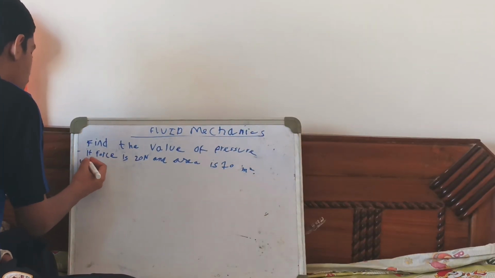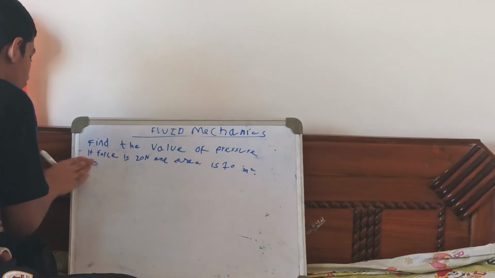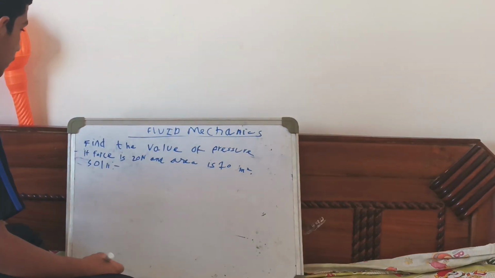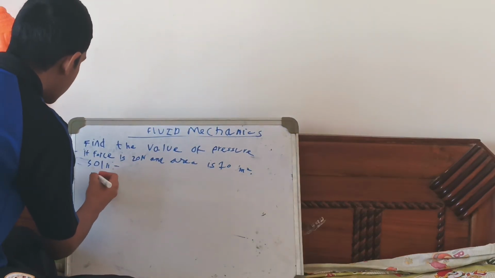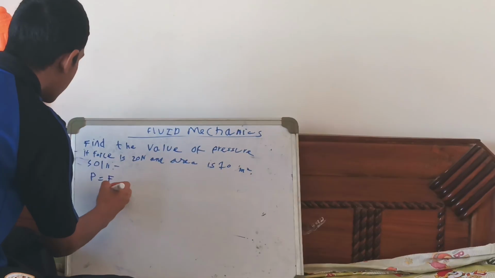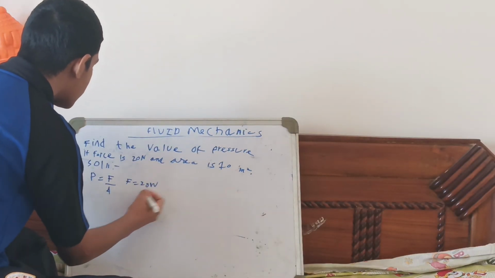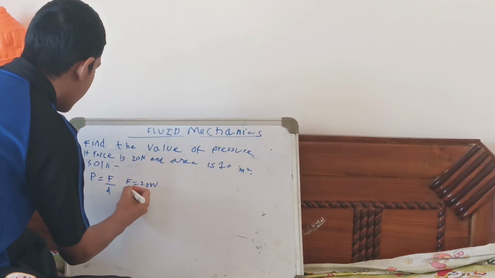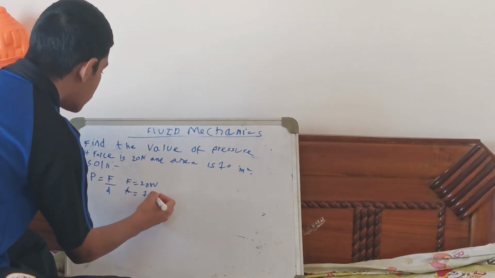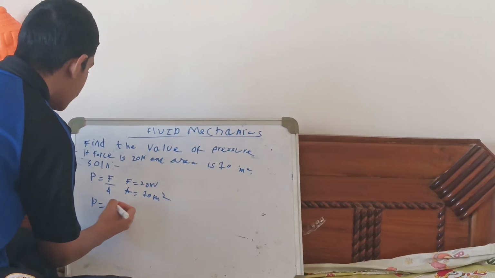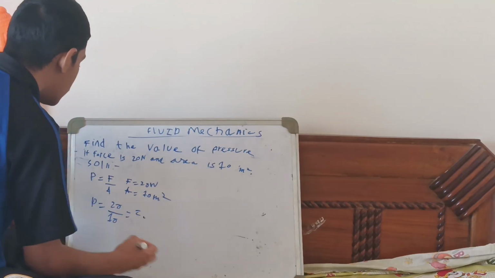So the solution will be P equal to F by A. Now F is 20 Newton and A is 10 meters square. So it will be 20 by 10, which is equal to 2.